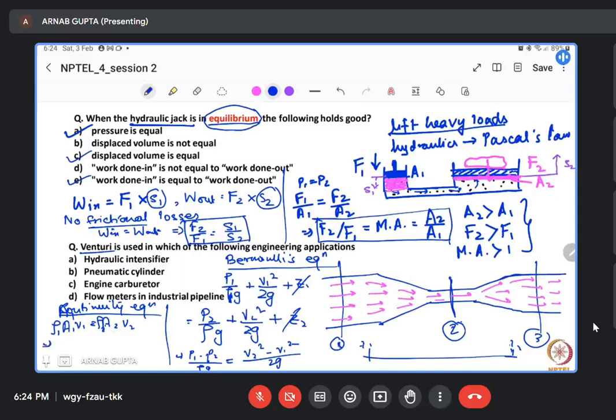And rho 1 is equal to rho 2, so I can cancel them out. So from here, A1 V1 is equal to A2 V2. As we can understand, since A1 is greater than A2, therefore V2 will be greater than V1.